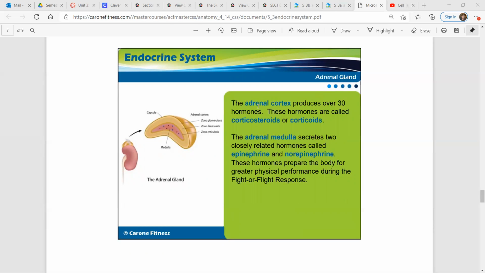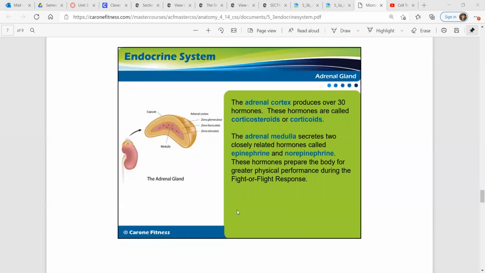The adrenal medulla secretes 2 closely related hormones called epinephrine and norepinephrine. These hormones prepare the body for greater physical performance during the fight or flight response. So anytime you've heard someone say something along the lines of my adrenaline was going, fight or flight, I was anxious, or some type of stress in the body, this is what is happening.